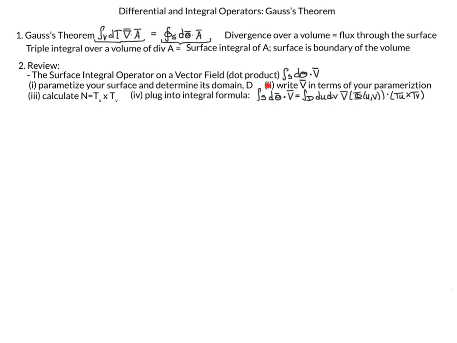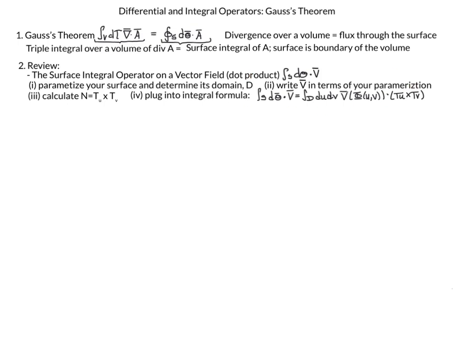When we have this surface integral operation acting on a vector field with the dot product, that's equal to a double integral over our domain, du dv, of our vector field composed with our parameterization dotted with our vector normal. And again, we're going to do an example of this right away.